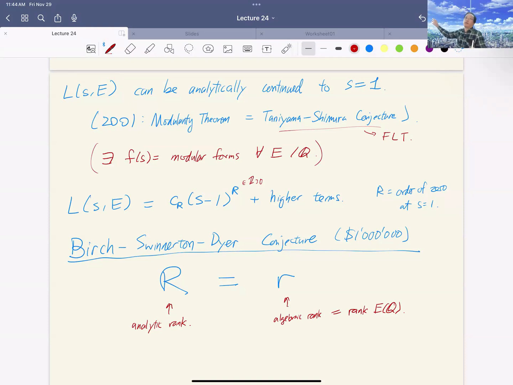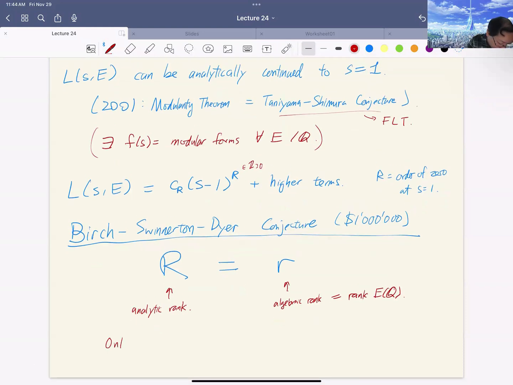They are of very different nature, and the conjecture says that these two numbers have to be equal. That's the main statement of the conjecture. Of course, some progress has been made, but it is only proven for R equals 0 or 1. That's the only progress so far.